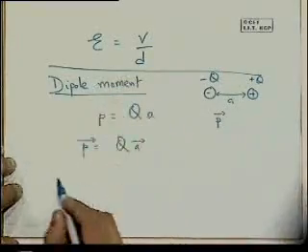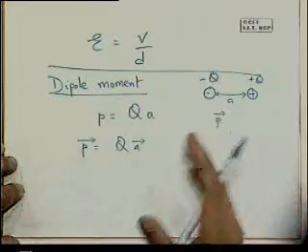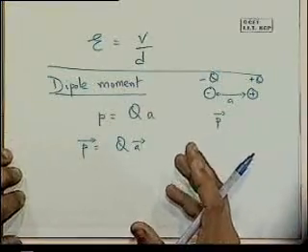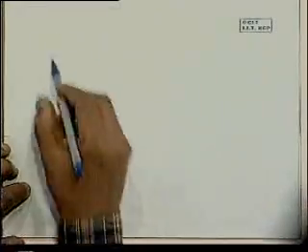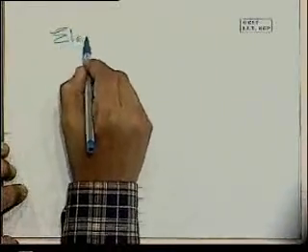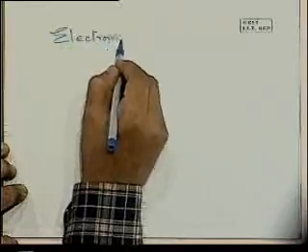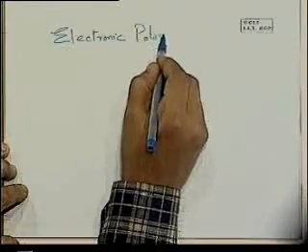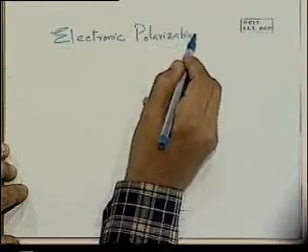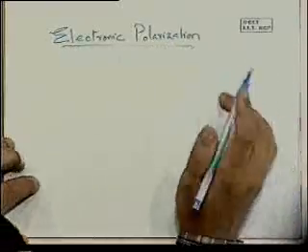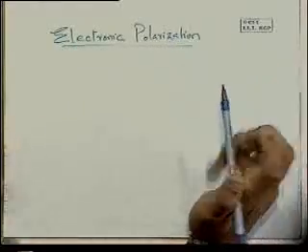So I'm just introducing a few terms as we go along. Now there are different ways in which a material can exhibit polarization, but one of the fundamental ways that is common to practically all materials is what is known as electronic polarization. There's no net charge within a material.